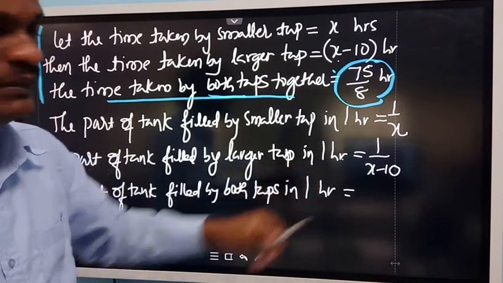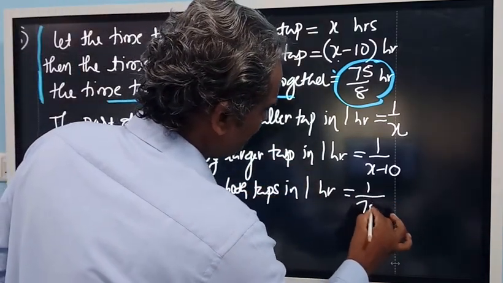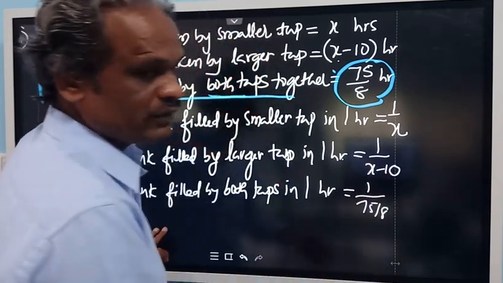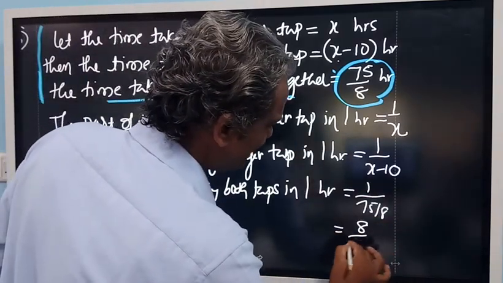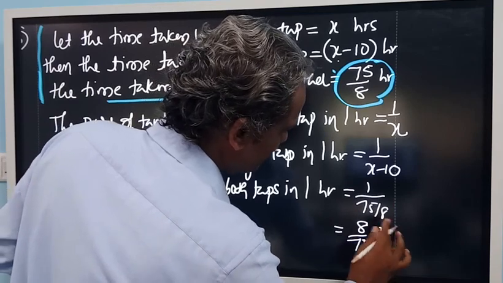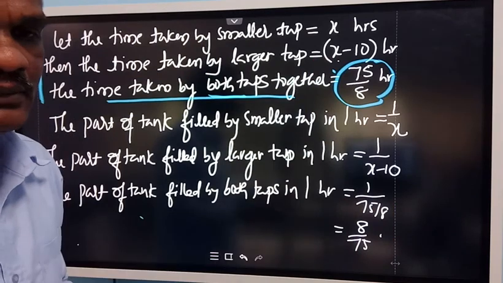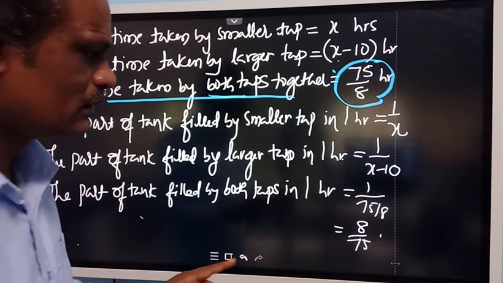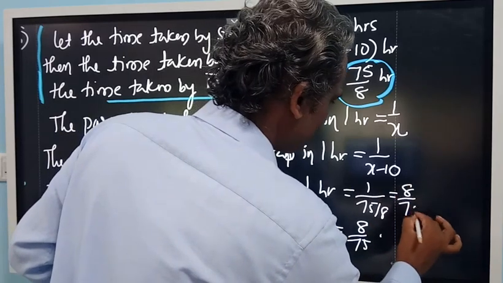Take the reciprocal of this: 1 divided by 75 by 8, and bringing this to the numerator, it becomes 8 by 75 part. This is the part, not the hours. We converted the hours into the part filled by the taps in 1 hour. So I can write 8 by 75 clearly.